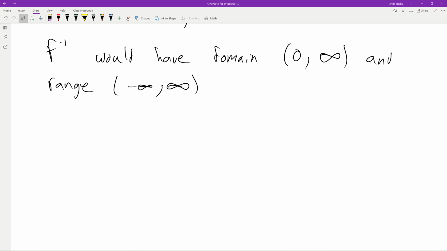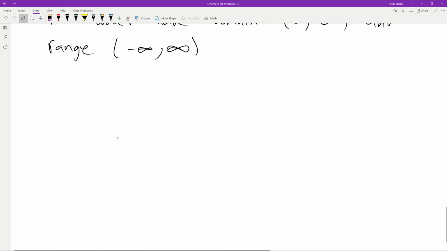Let's see here. Let me find a good example of how to find an inverse function here. So let's look at the function that we discussed at the beginning, that Fahrenheit to Celsius conversion function.